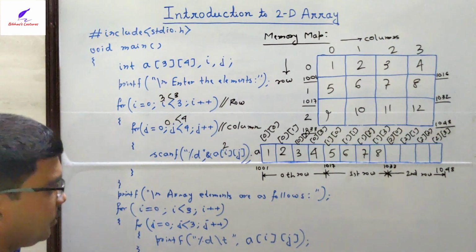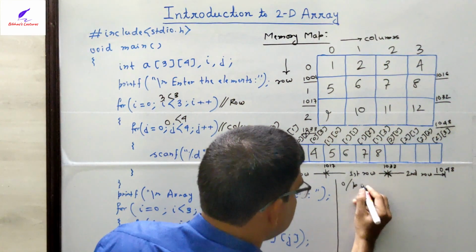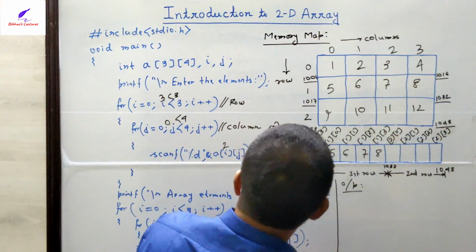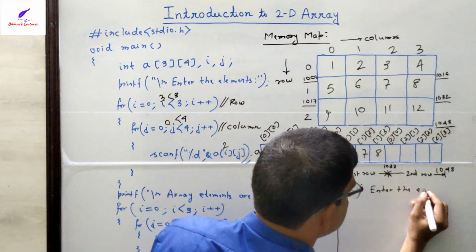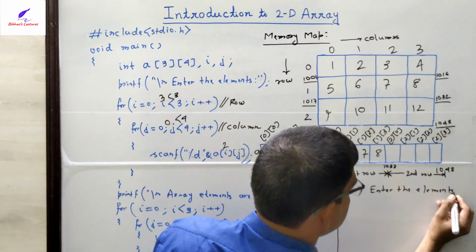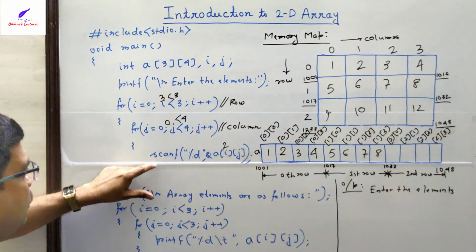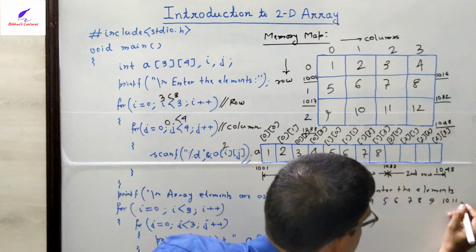So when this program runs, first it will print the line, enter the elements. After this, through this nested for loop, it will scan 12 values.